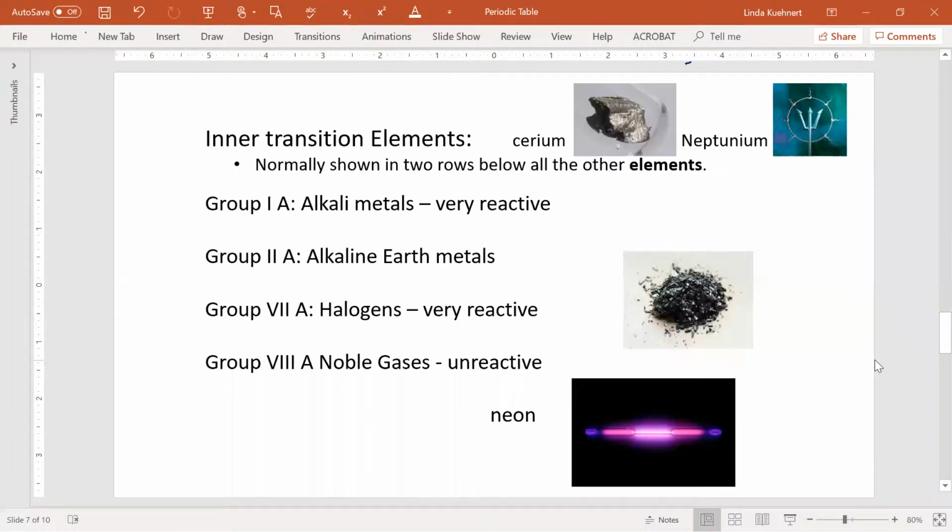Here are a couple of examples of the inner transition elements. Not only uranium is part of that group, but here is curium and neptunium. We discussed the alkali metals or elements, the alkaline earth elements or metals, our halogens, and our noble gases.